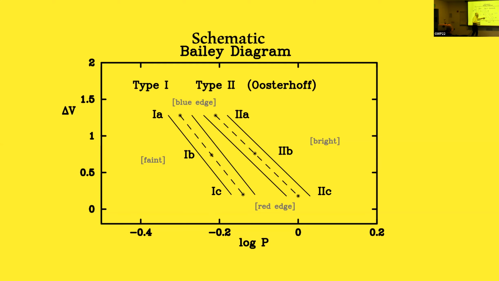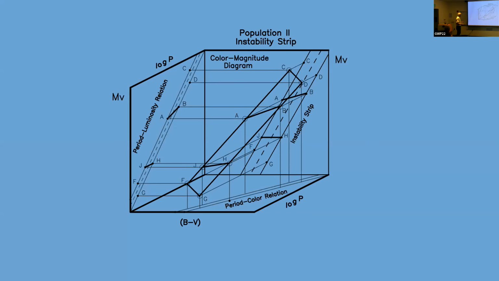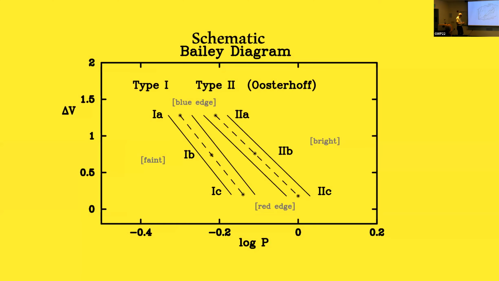This is the red edge, faint edge, bright edge of this projection, if you were to see it where color or luminosity were part of the equation in this multidimensional data cube. What are the A, B, and C's in there? I'm going to show you what they are a little bit later. They're just markers to run you across this diagram.